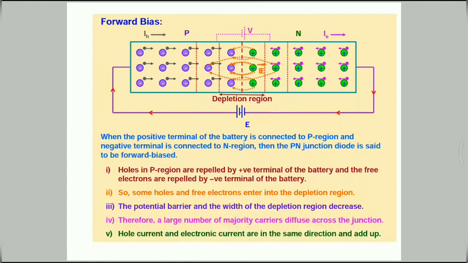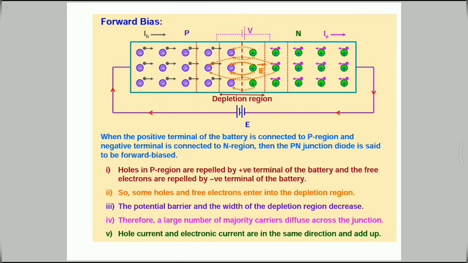At the same moment, an electron is released from the negative terminal of the battery, which enters the N side region to replace the electron lost by combining with a hole at the junction. Thus, a current called forward current is continued by the motion of majority charge carriers across the junction in forward bias. The junction diode offers low resistance.